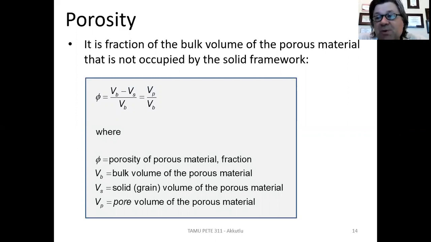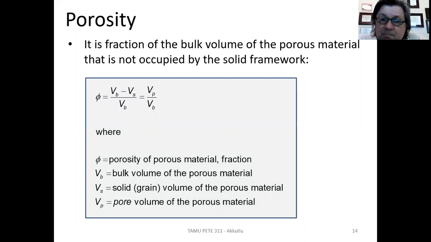How much pore space we have is something like how large our bucket is, in a sense. So the larger the pore volume, the larger the porosity is. This is the ratio of the two volumes. We say VP over VB, pore volume divided by bulk volume.